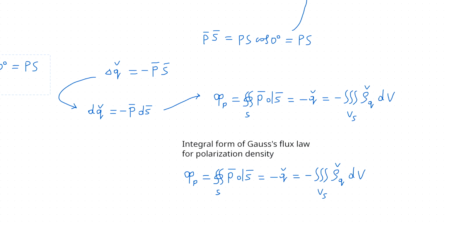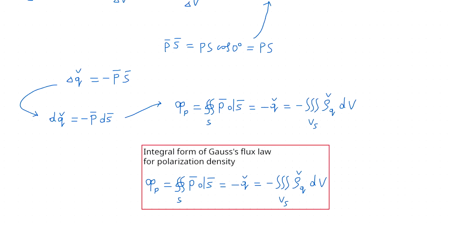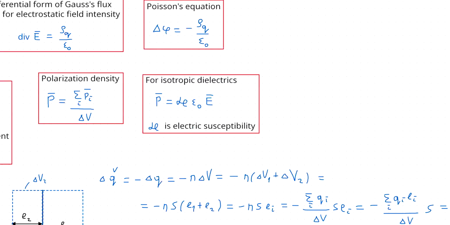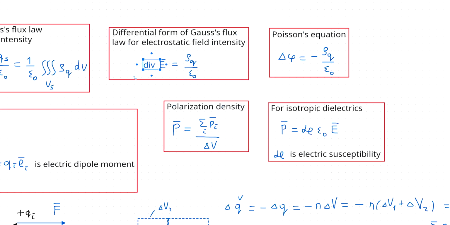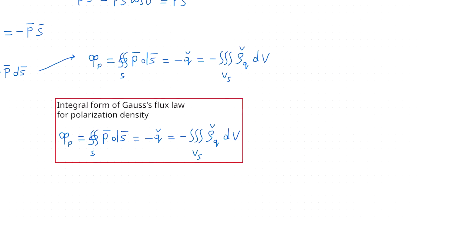And of course, if there is an integral form, there should also be a differential form. The differential form may be obtained from the integral form by using the Gauss-Ostrogradsky theorem.